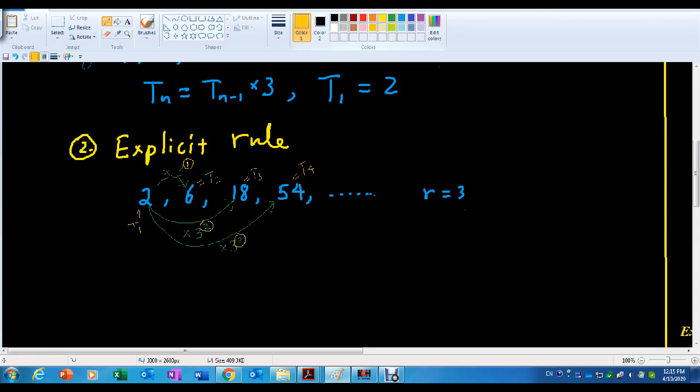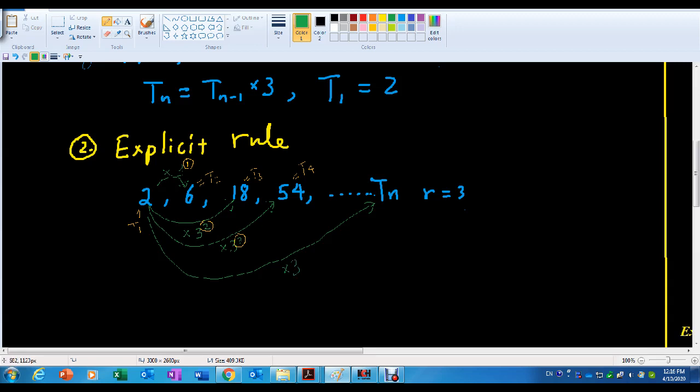Let me ask you, if we are going to find Tn, how many 3s am I going to multiply to that first term to give me the nth term? It must be multiplied by 3 to the power something, right?